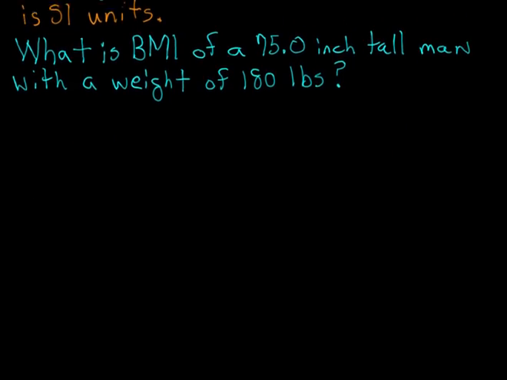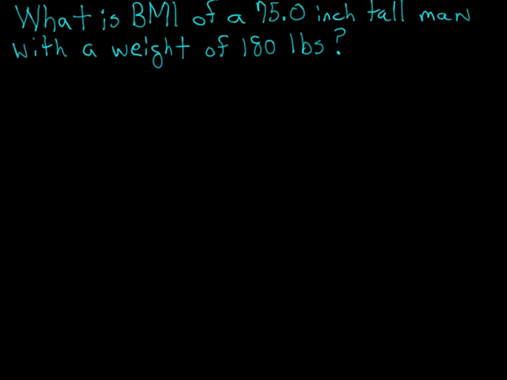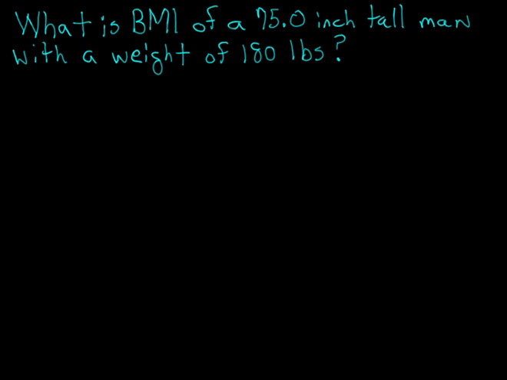So I'm going to scroll this up here. I'm going to label these as some variables, and rewrite the BMI equation using them. I'm going to use W for weight and H for height.